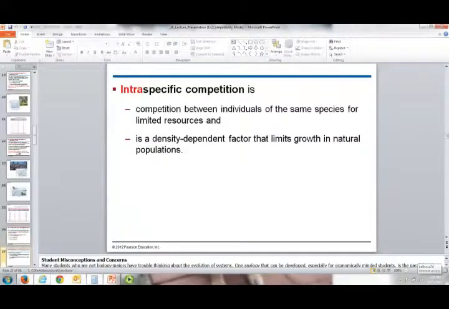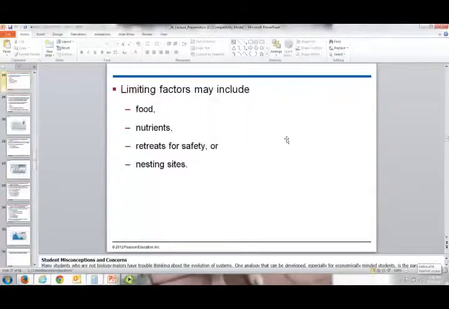So when we have competition between individuals, we can have intraspecific and you can have interspecific. With intraspecific, the competition is between the individuals of the same species for limited resources. So this is going to be a density-dependent factor that would limit growth in that natural population.